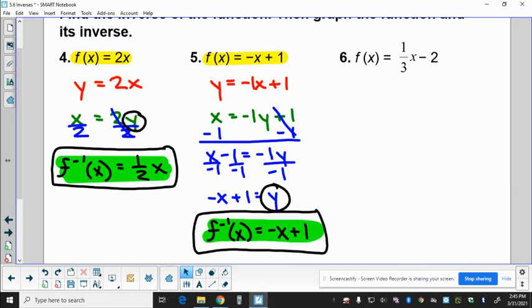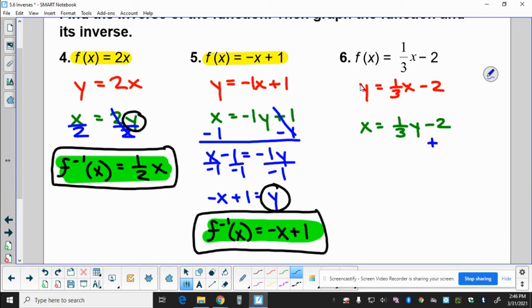Finally, let's take a look at number 6 and see how you did there. Step number 1, take it out of function notation. Step number 2, exchange the place of the variables. Step number 3, solve the equation. Now at this point, I would multiply by 3.